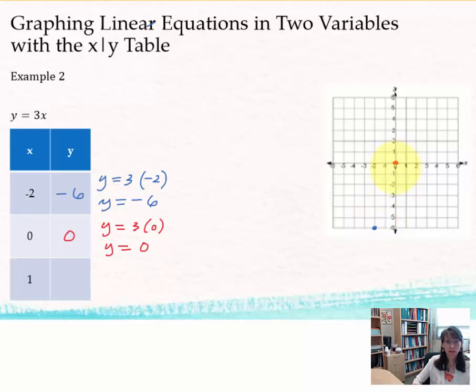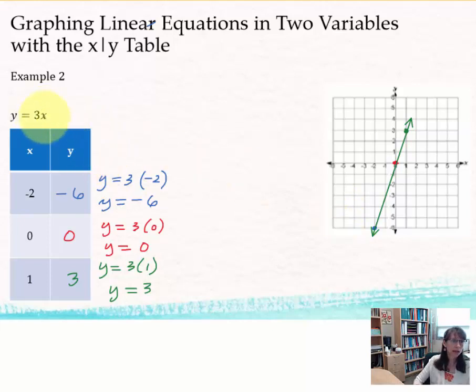So although that's enough information to see the line, we want one more point for insurance purposes. So y now equals 3 times 1. Y value is 3. So we'll plot 1, 3. 1 for x, 3 positive for y. And sure enough, those 3 dots are lining up. So we want to graph our linear equation using arrows, and there is our straight line.